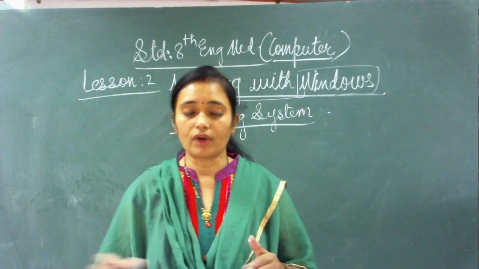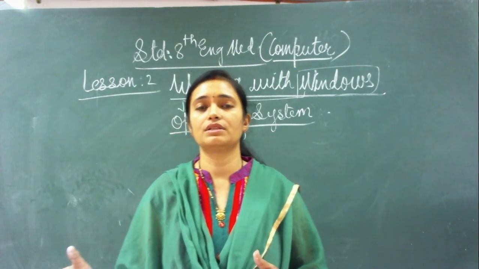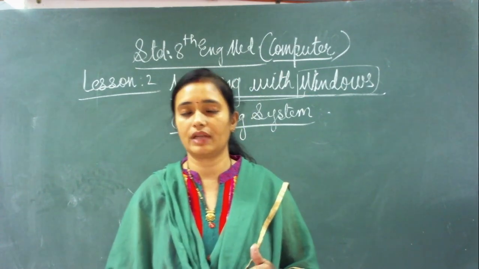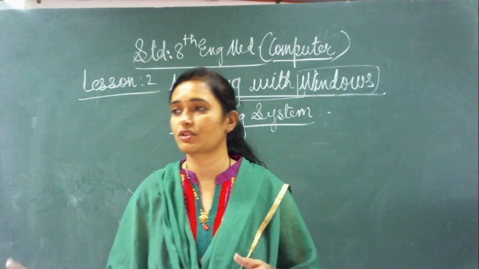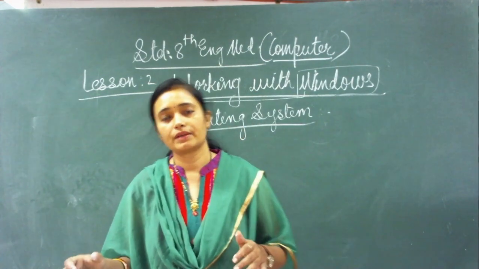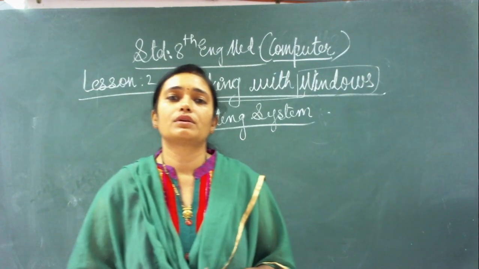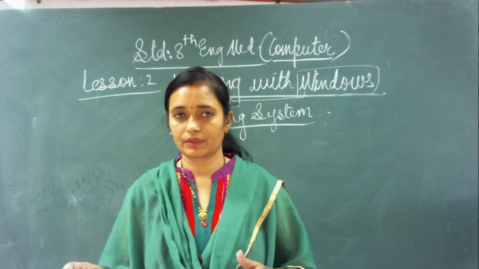Now software, that is the series of programs. And what is a program? Program is the series of instructions to perform a specific task. So two terms are there, hardware and software.